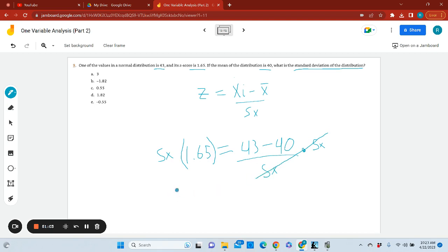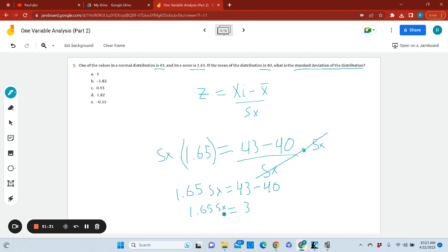So I have 1.65 standard deviations is equal to the difference between 43 minus 40. Obviously, 43 minus 40 is 3. So basically what we're saying is being 3 points above average is equivalent to being 1.65 standard deviations above average.